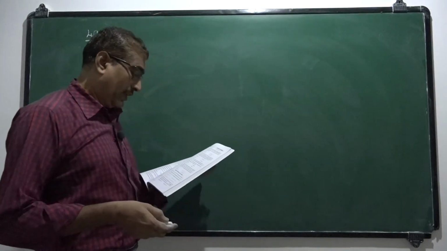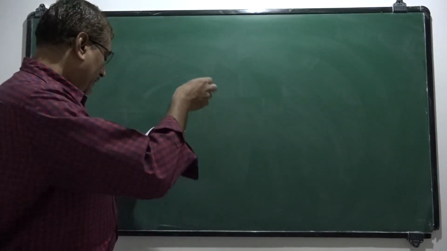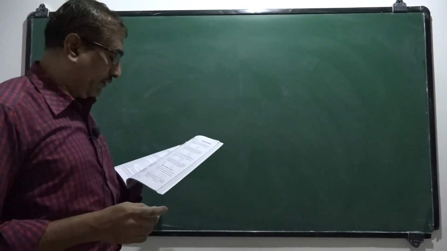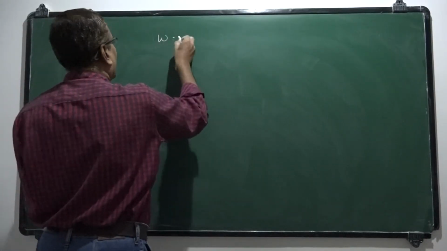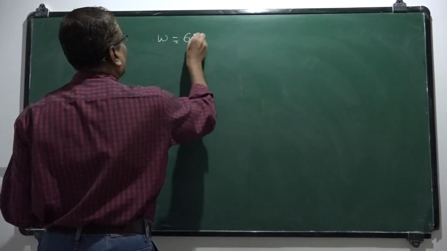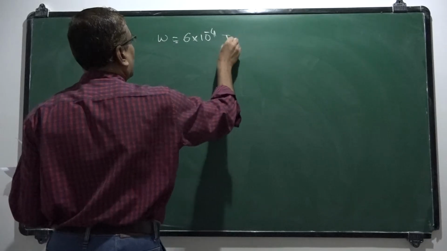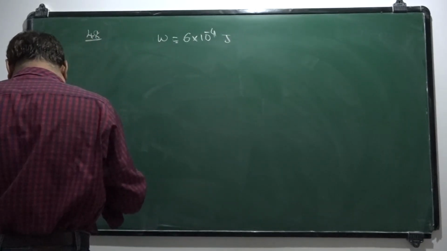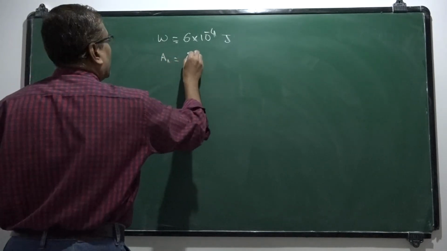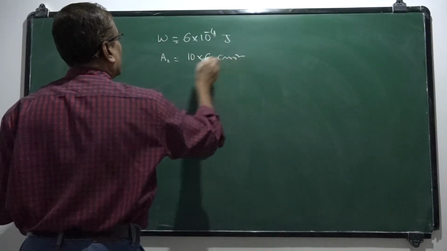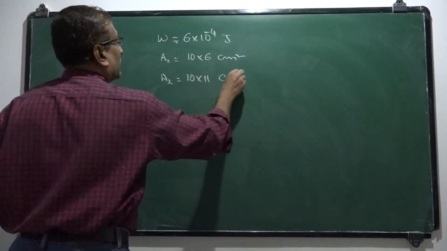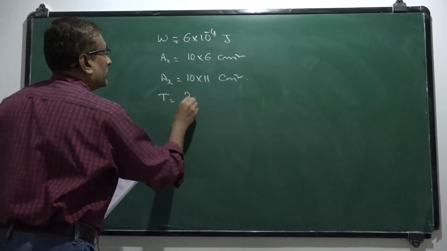Here the work done in increasing the size of the soap film is given as W equal to 6 into 10 to the power minus 4 joule, and the initial area A1 is 10 into 6 centimeter square, and the final area is 10 into 11 centimeter square. Now you have to find the surface tension of the liquid.